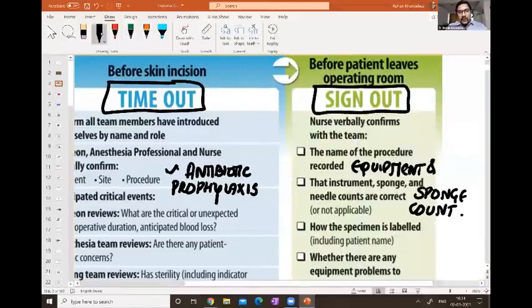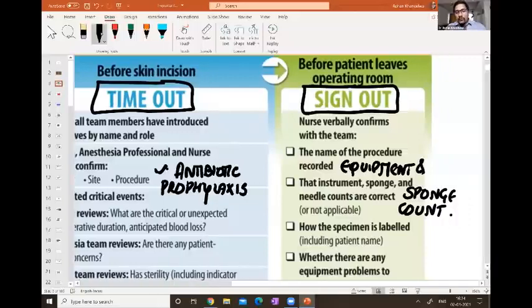The sign out phase is the final phase when the surgery is about to get over. And again, very important, the nurse counts the equipment and the gauze pieces to make sure that nothing has been left inside. So I've highlighted the 3 key phases of the surgical safety checklist and the important points in each phase, which you need to know for the exam.